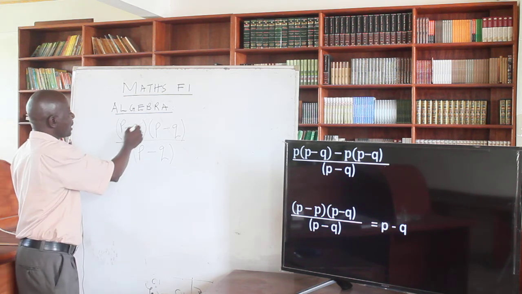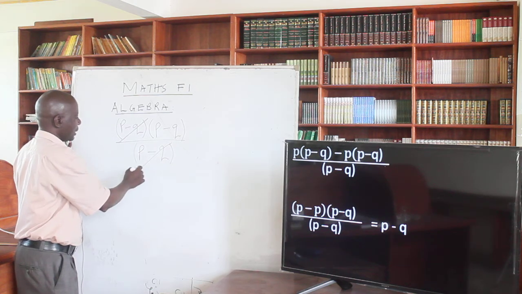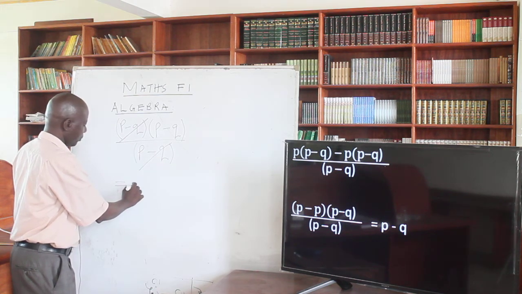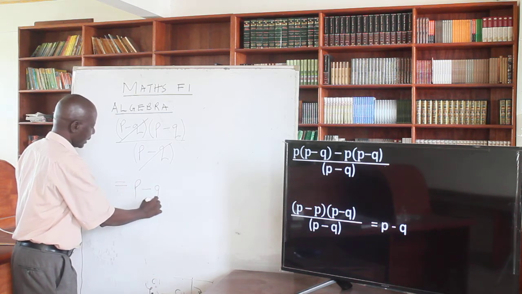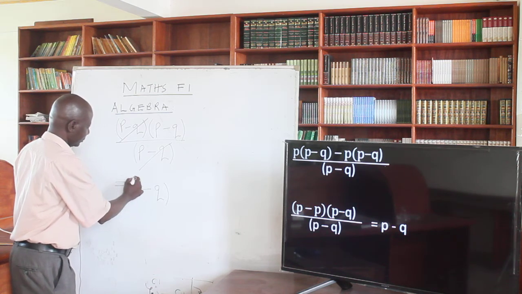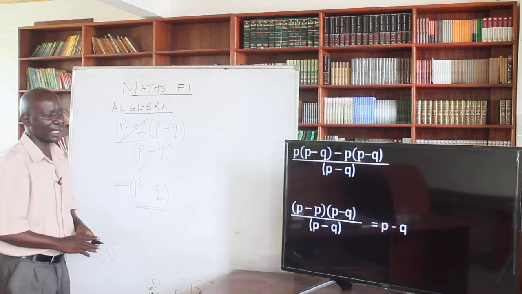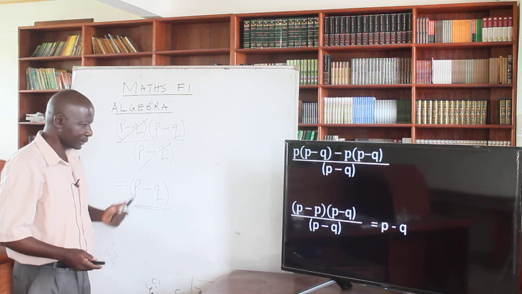So you find that that will cancel. Our final factorized expression will be P minus Q. And that is the final simplified term of our fraction.